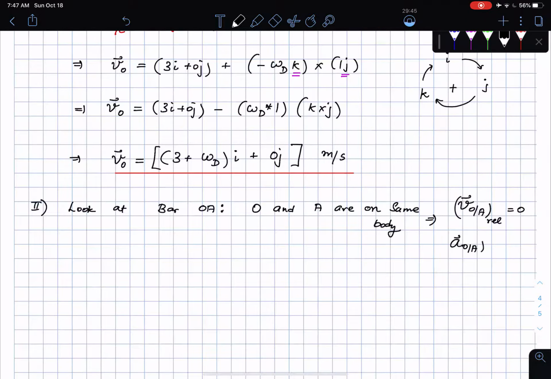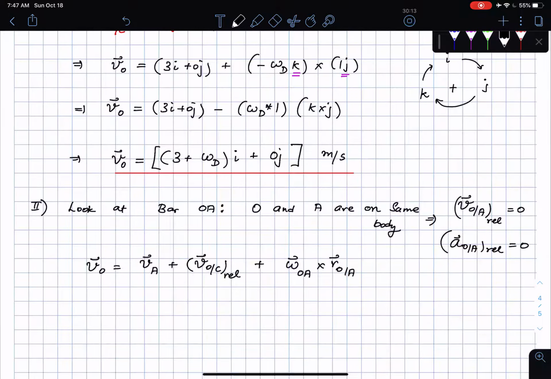Acceleration of O relative to A is also equal to 0. And if I make use of the relationship between velocities of O and point A, then velocity of O is velocity of A, plus velocity of O relative to A, and then omega of the body that I'm interested in, which is now this bar OA, crossed with the position vector from A to O. And once again this term is gone.